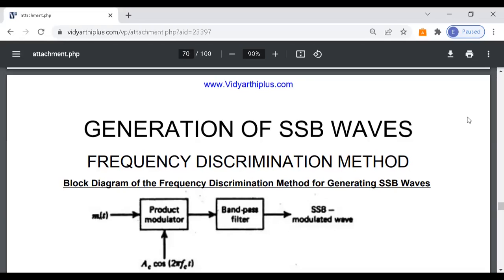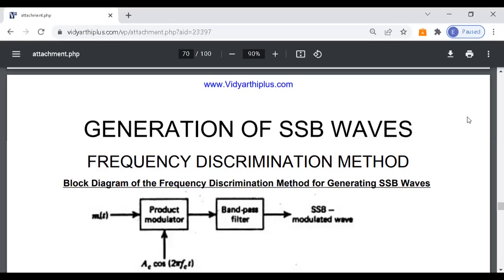All right. Because we are doing the same thing in double sideband modulation, we are doubling our effort, right? We have our signal.